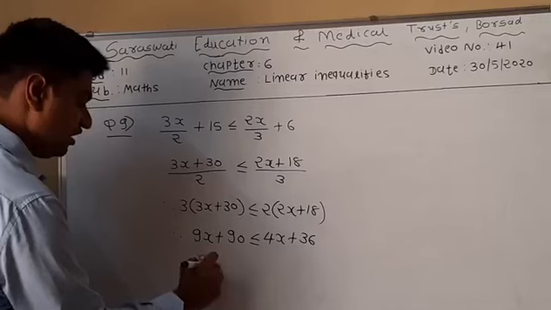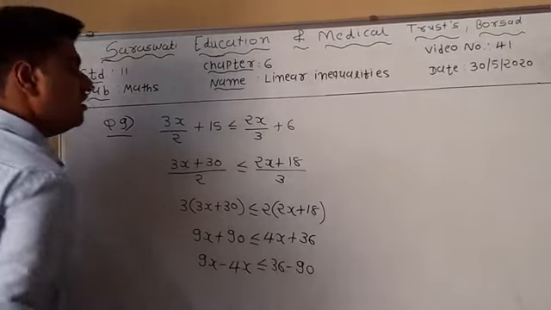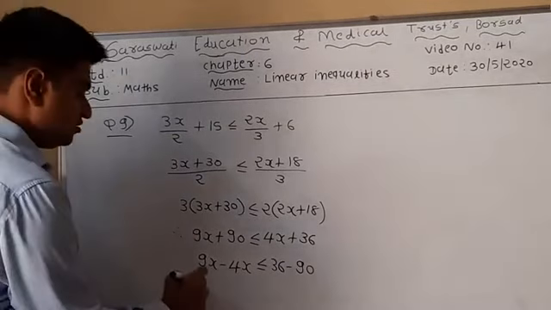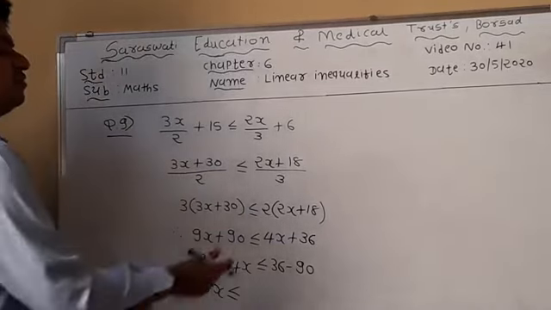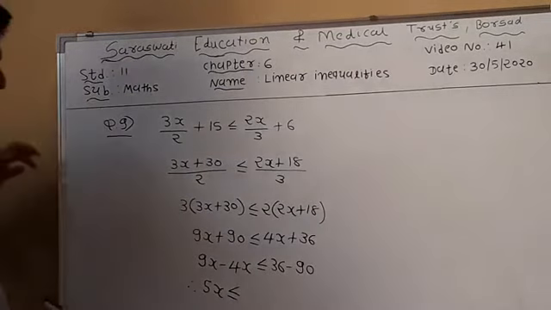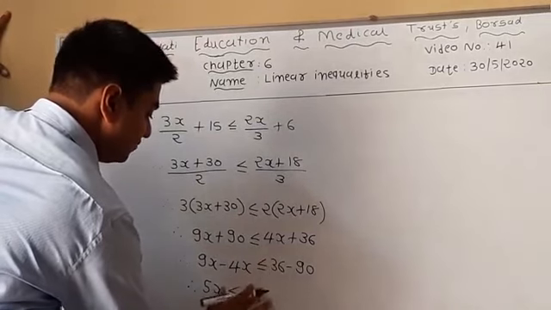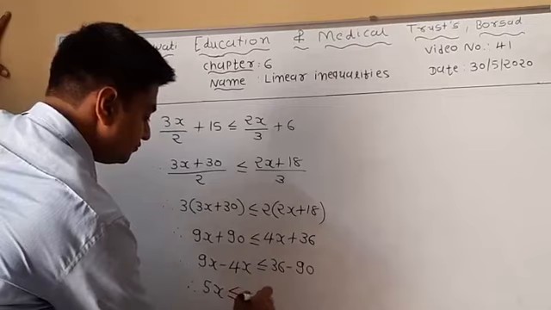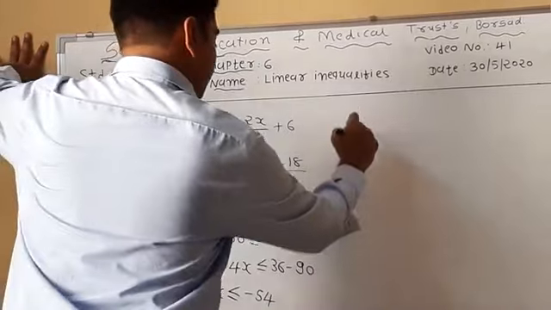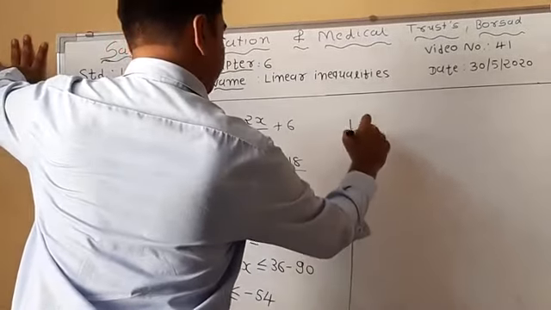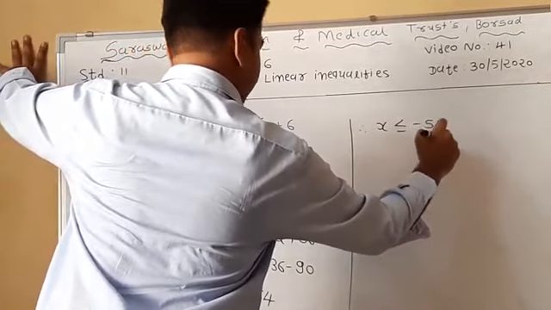So 9x minus 4x is less than or equal to 36 minus 90. 9x minus 4x, that means 5x, is less than or equal to 36 minus 90, that means minus 54. Now divide by 5, so x is less than or equal to minus 54 divided by 5.